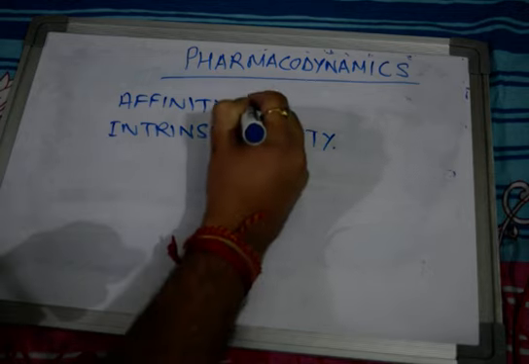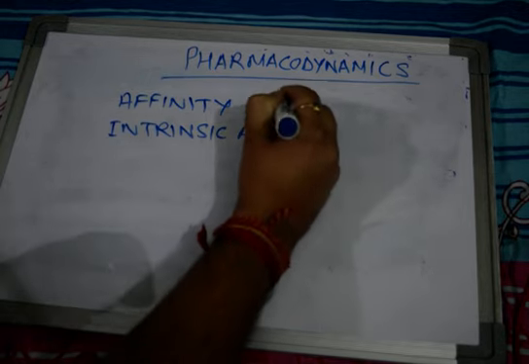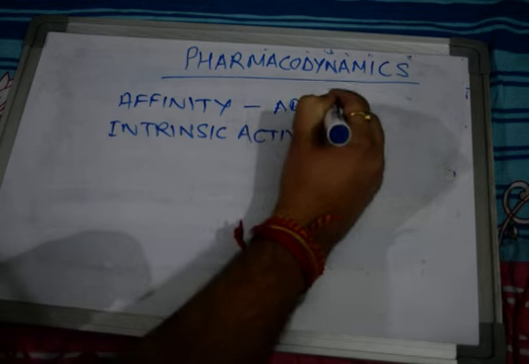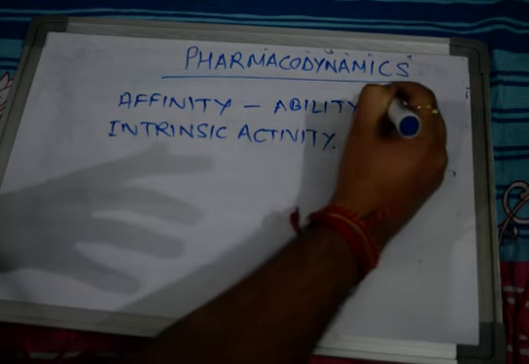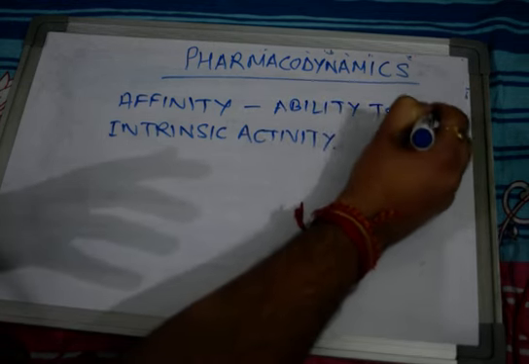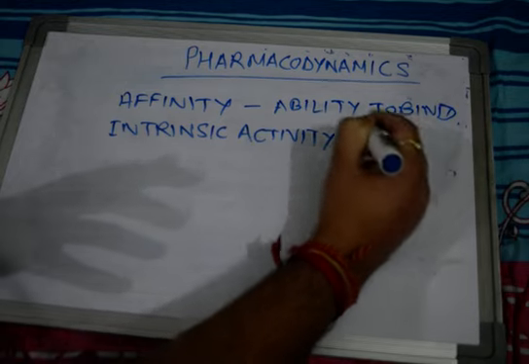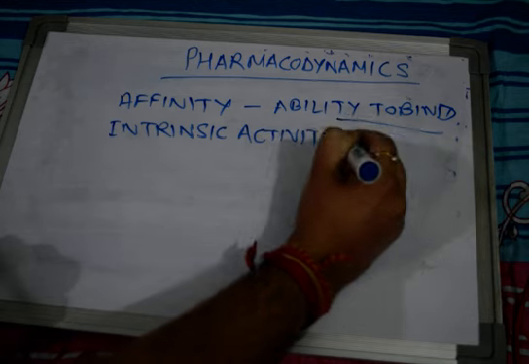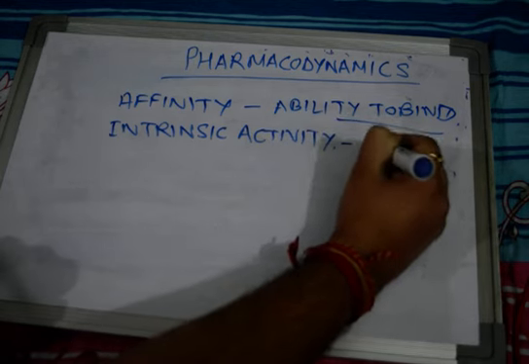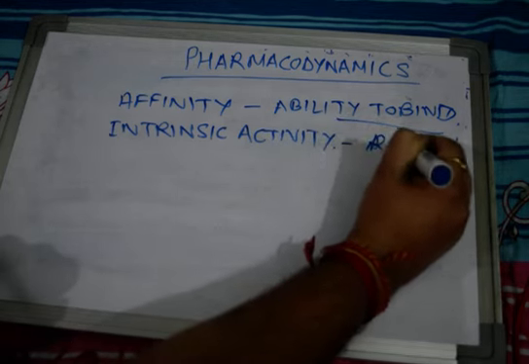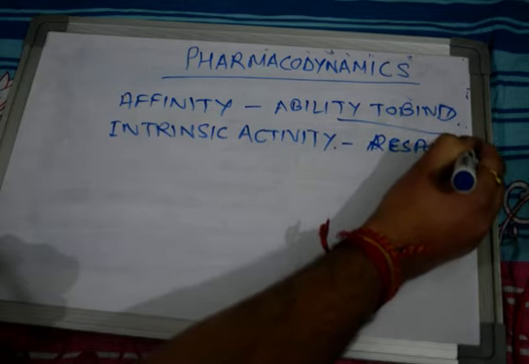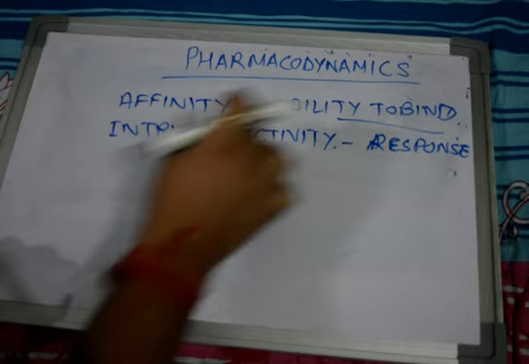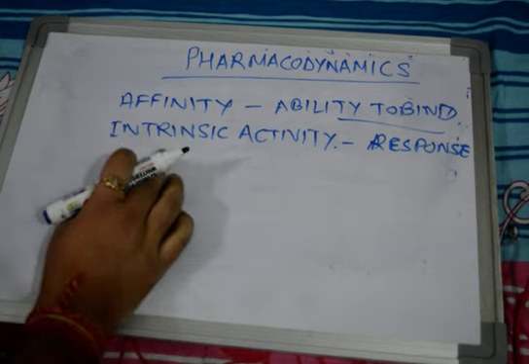So affinity is the ability to bind. You can say it is the love for the receptor. So the ability to bind to the receptor is called affinity. And intrinsic activity is the ability to show a response. So the ability to show a response is the intrinsic activity.